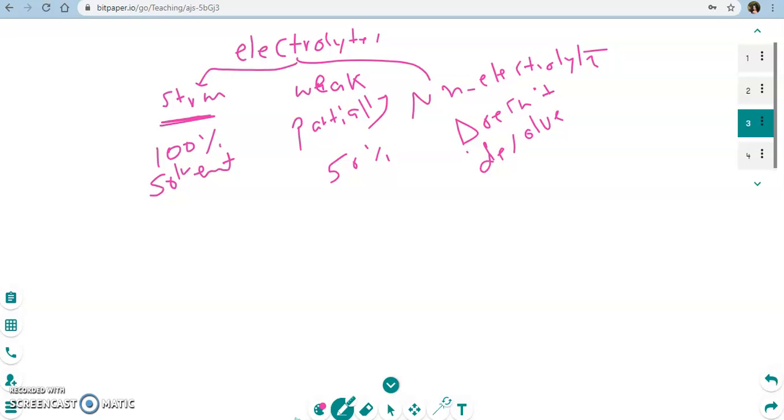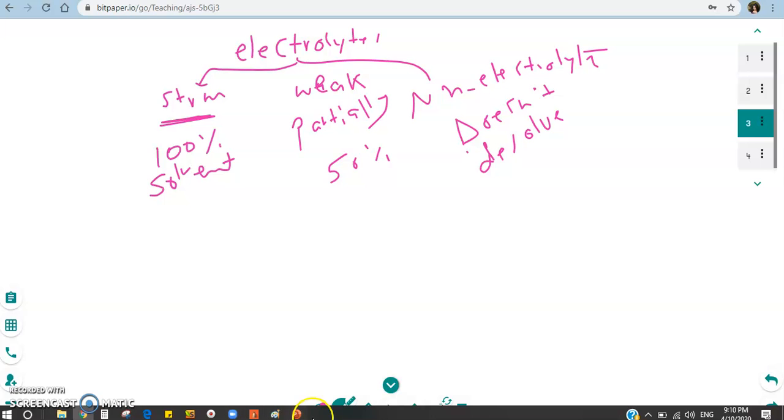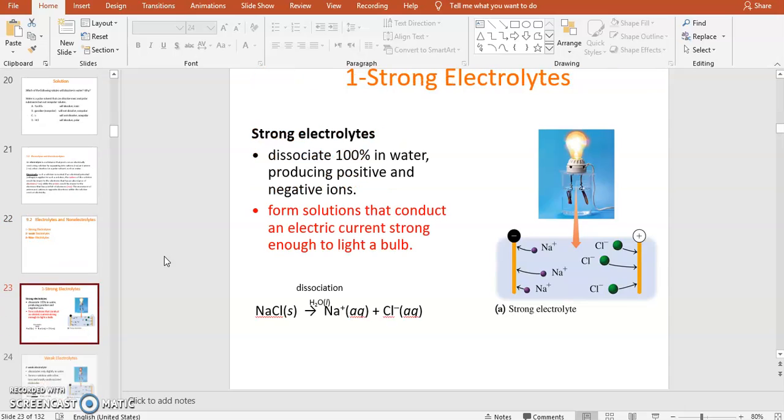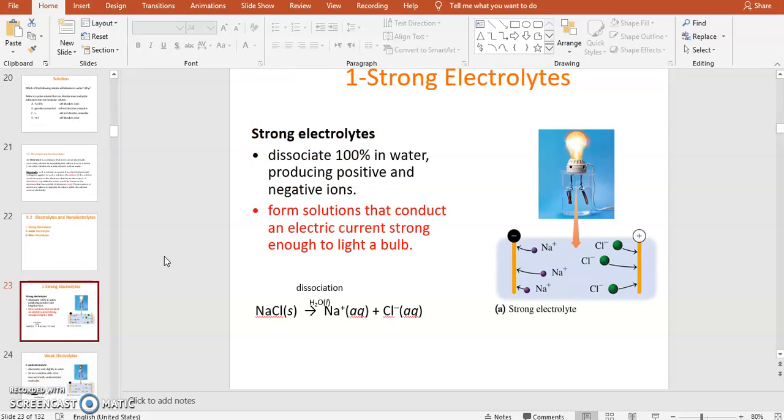How can we know if the solute will dissolve completely or not? We have to follow this. Any ionic compound, meaning any compound that will separate or ionize into positive and negative ions, like NaCl.